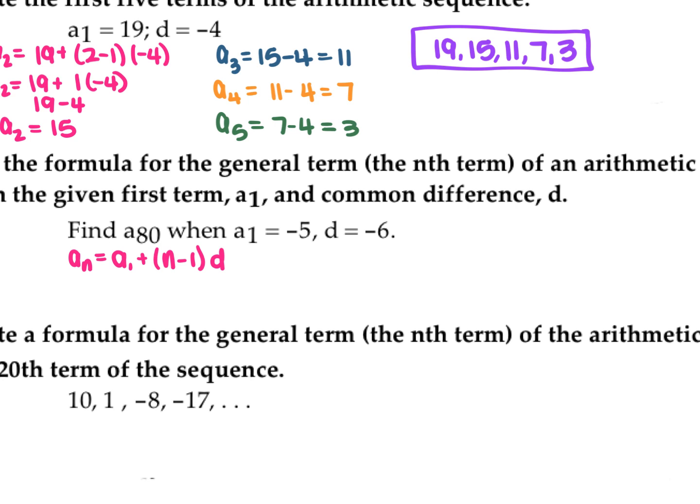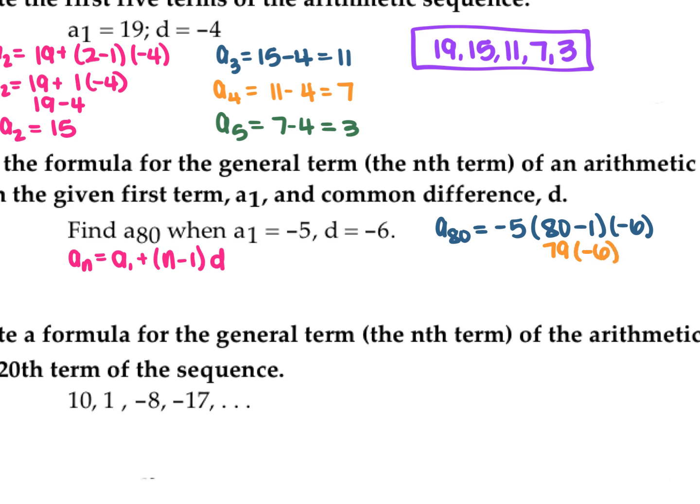So you're finding the 80th term, so a sub 80 is equal to a sub 1, which is -5, plus n, which is 80, minus 1 times d, which is -6. So 80 minus 1 is 79, times -6.